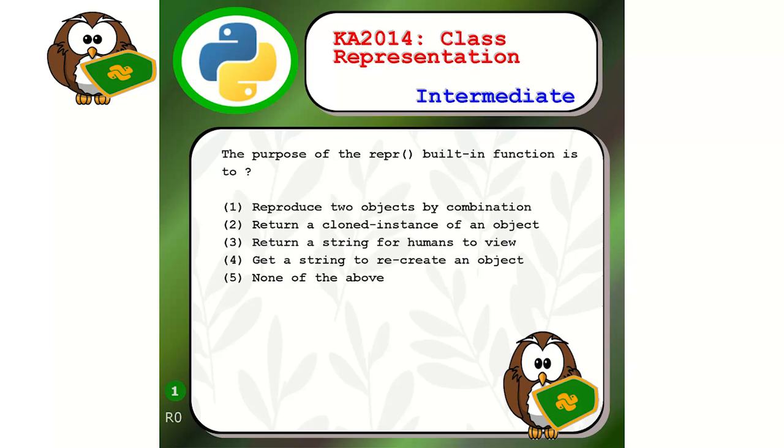KA 2014, once again in my book. The purpose of the repr built-in function is to 1, reproduce 2 objects by combination, 2, return a clone instance of an object, 3, return a string for humans to view, 4, get a string to recreate an object, or 5, none of the above.